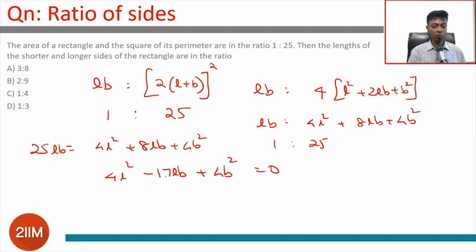Can be split as 16 and 1. They're going to get a ratio of 1:4. Fine. So 4L square minus 16LB minus LB plus 4B square is 0.